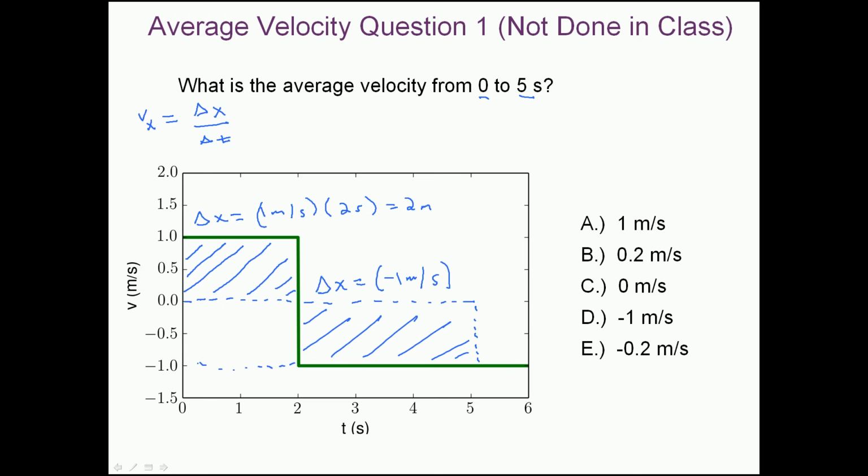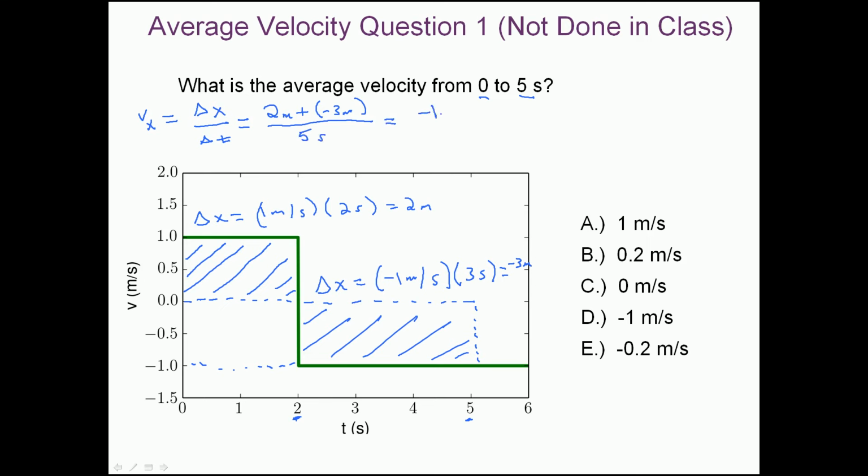It's -1. Times 3 seconds, because I'm going from 2 seconds over to 5 seconds. So that gives me minus 3 meters. So if I go up here, I've got 2 meters plus minus 3 meters for my total displacement, and that's in 5 seconds.